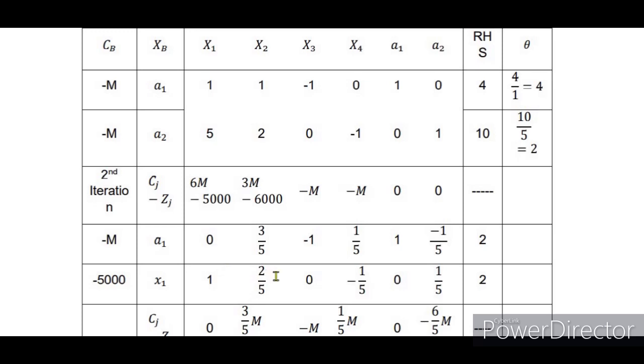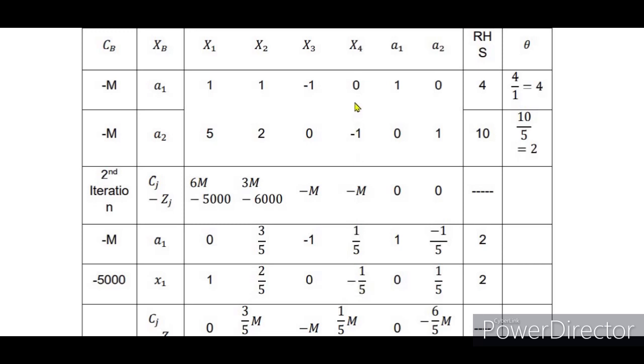So that we can make an identity matrix between a sub 1 and x sub 1. So next, 2/5 times 1 is equal to 2/5. Now, 1 minus 2/5 is equal to 3/5. Next, 0 times 1 is equal to 0. So negative 1 minus 0 is negative 1. Next, negative 1/5 times 1 is negative 1/5.